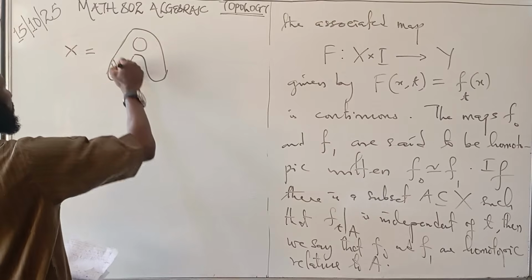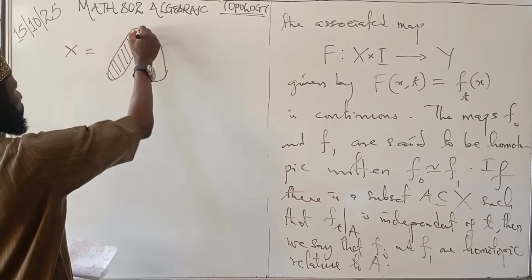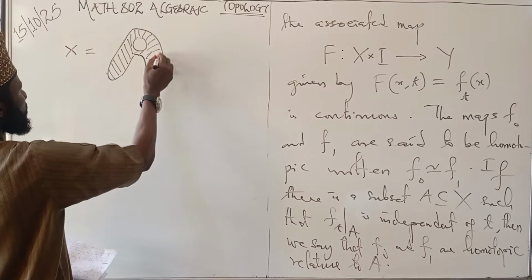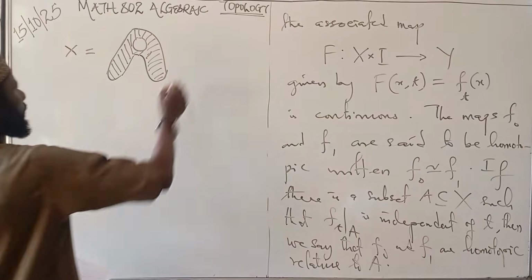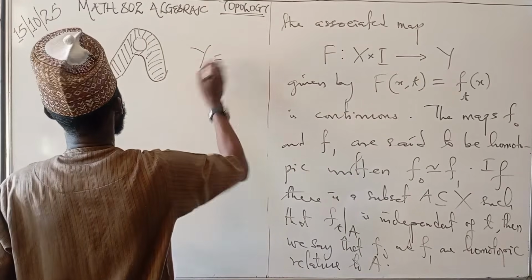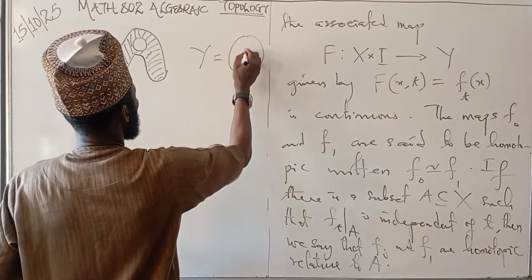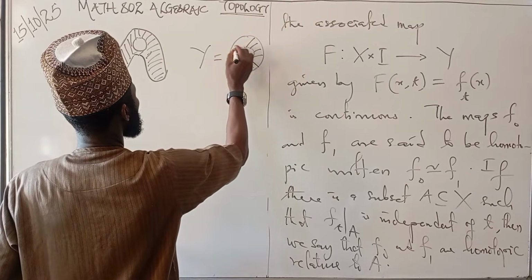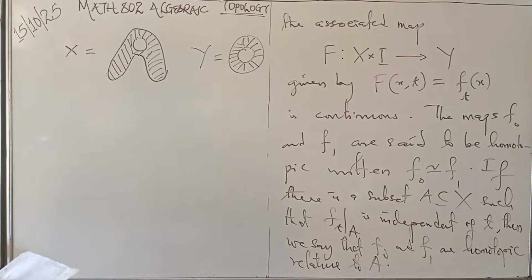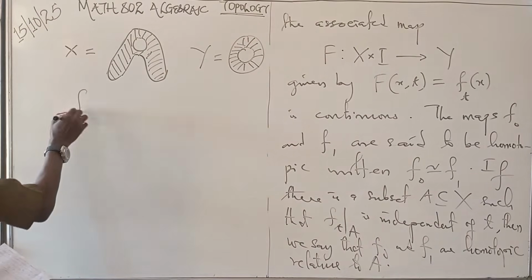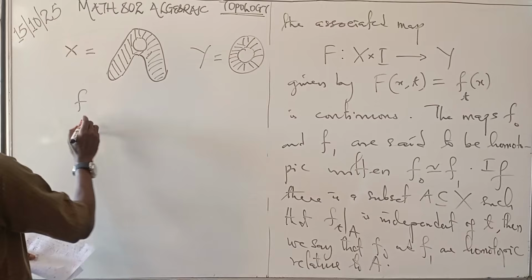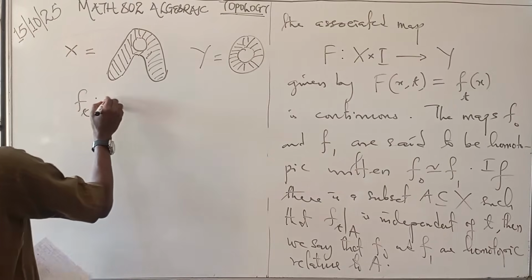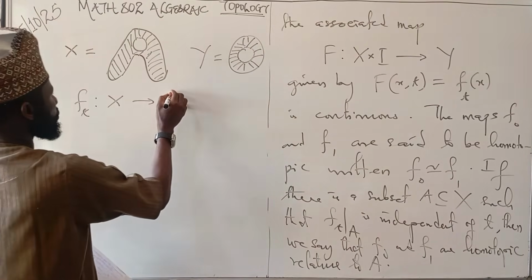So I mean this portion of the Euclidean space. And then Y can be just an annulus. Then you can define a family of maps, F_t, from X into Y.